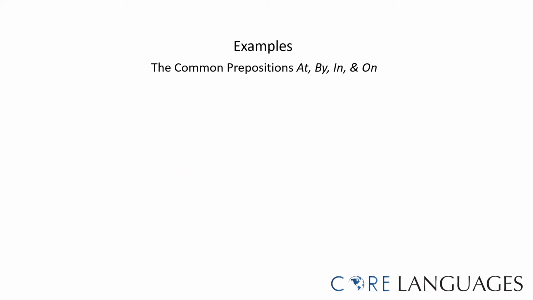The prepositions at, by, in, and on are some of the most commonly used prepositions in English. Here are examples of how they are often used. On is used with transportation, such as bus, plane, train, boat, and ship.